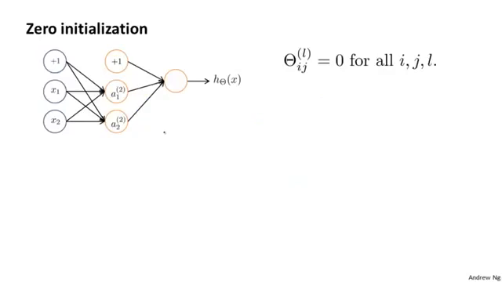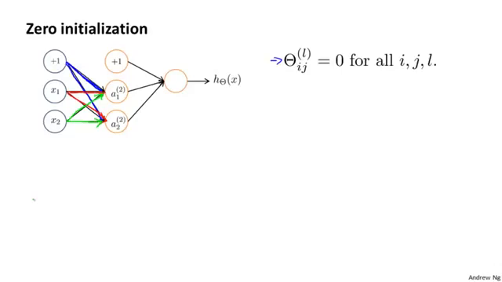Consider training the following neural network, and let's say we initialize all the parameters in the network to 0. If you do that, then at the initialization, this blue weight, I'm coloring in blue, is going to equal that weight, so they're both 0, and this weight that I'm coloring in red is equal to that weight, which I'm coloring in red, and also this weight, which I'm coloring in green, is going to equal the value of that weight.